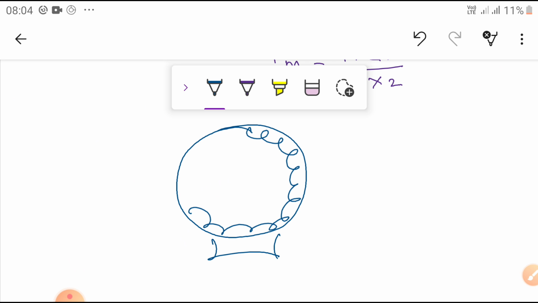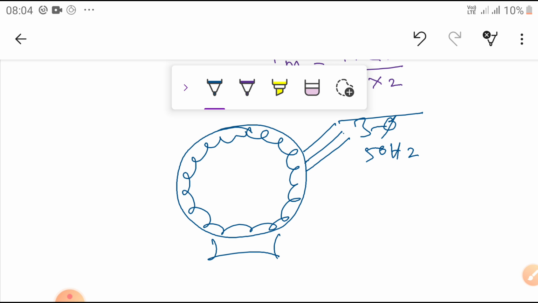This is the stator. I have given the three-phase, 50 Hz supply. I connected it to some grid supply, to the poles nearby my house. Supply is connected.